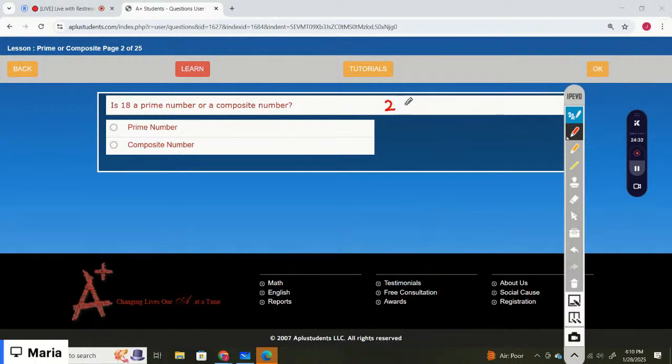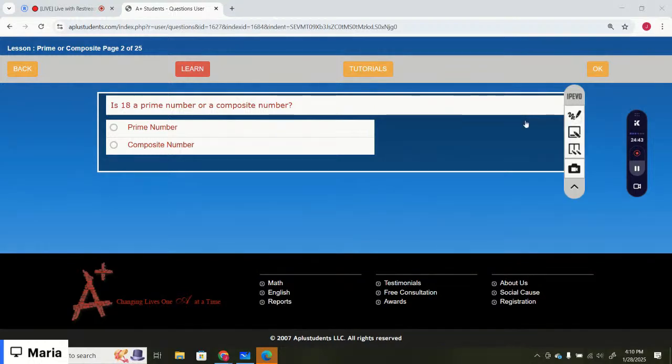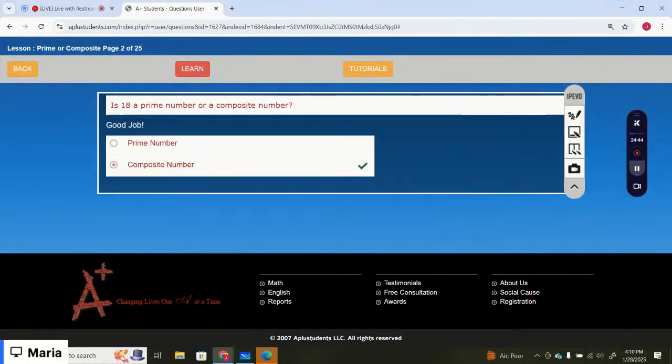For example, 2 times 9 is 18, 6 times 3 is 18, and 1 times 18 is 18. See, 18 has more than two factors, so 18 is a composite number. Option number 2 is the correct option.